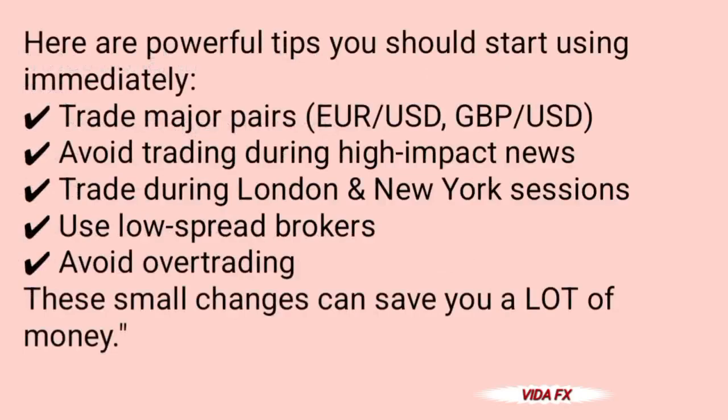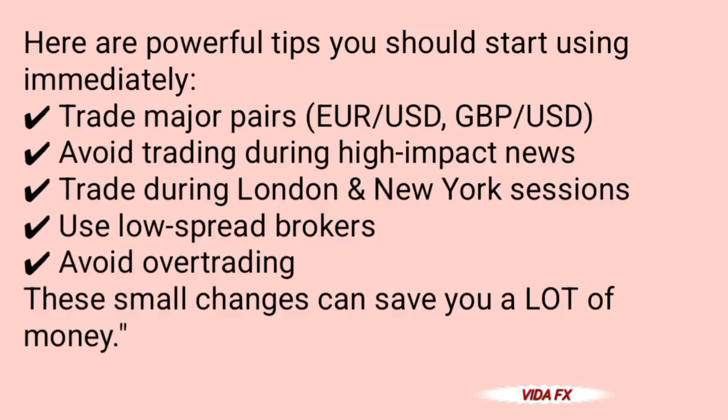So here are some tips that you should start using immediately. Trade major pairs like Euro USD. You can see that the spread was 0. Great Britain pounds against the US dollar. Those are major pairs. Remember in our video on currency pairs, I covered in detail the types of pairs that we have. We have major pairs, minor pairs, exotic pairs.